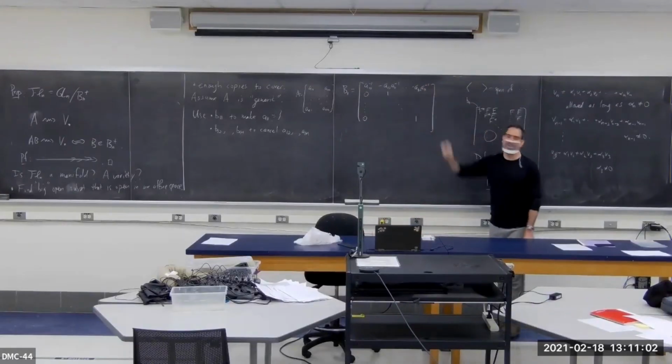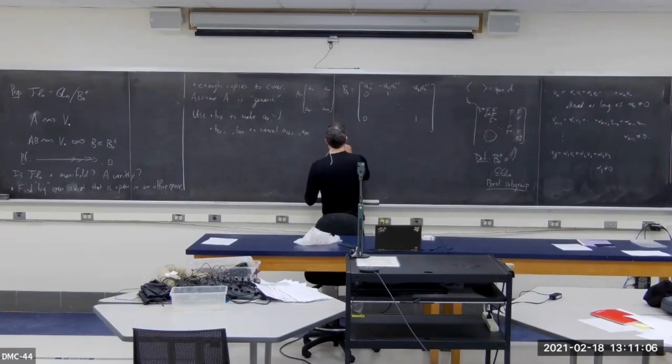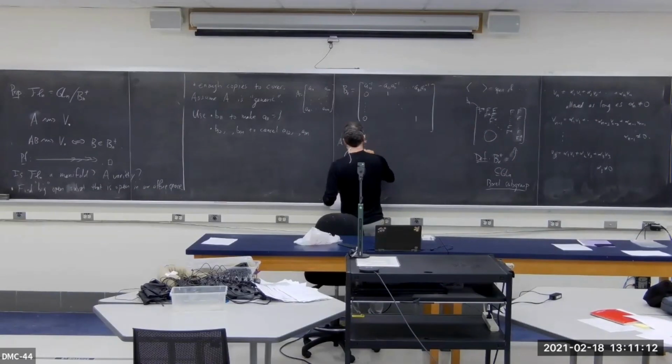So if I take this to be my B, then I've successfully made it so that AB1 is now 1, and then stuff, and then zeros, like this.